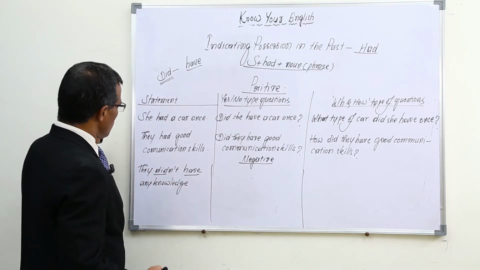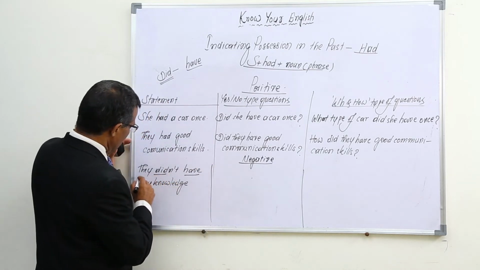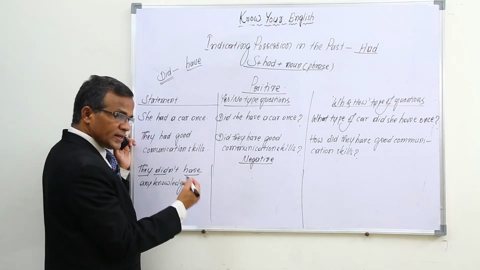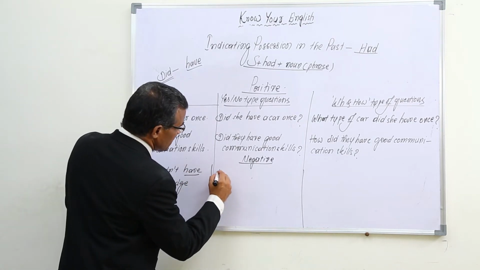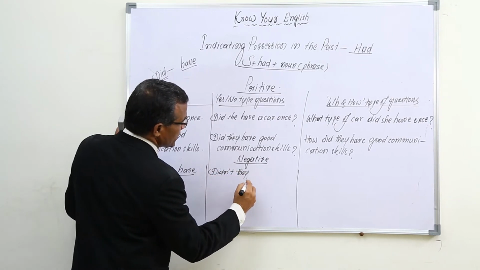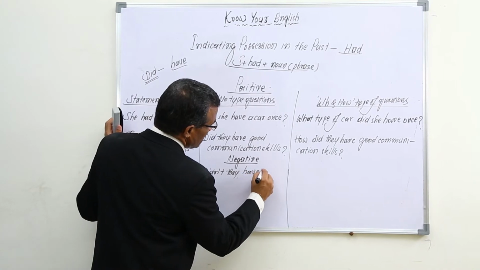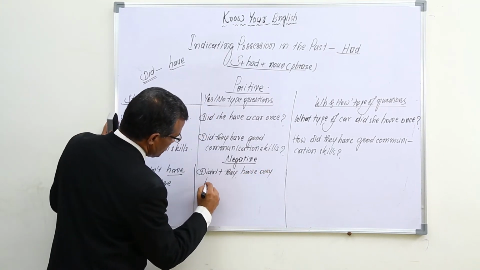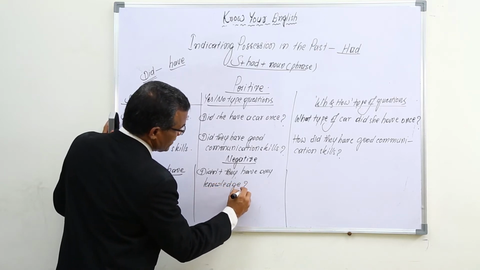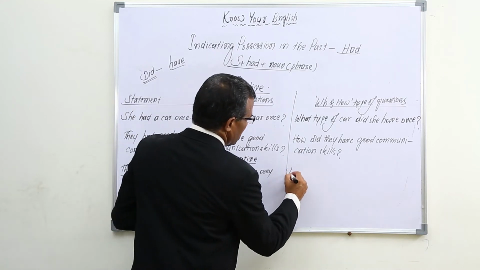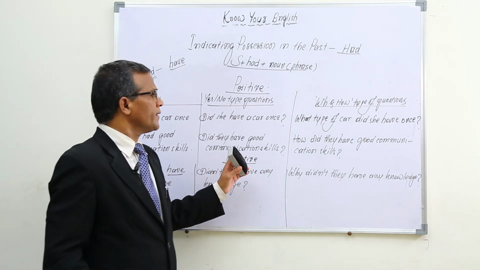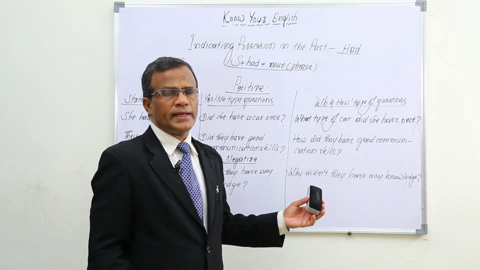The subject and helping verb are ready here. By changing the order, you can get a yes or no type question. Didn't they have any knowledge? Why didn't they have any knowledge is the question. In this way, we can put negative questions also.